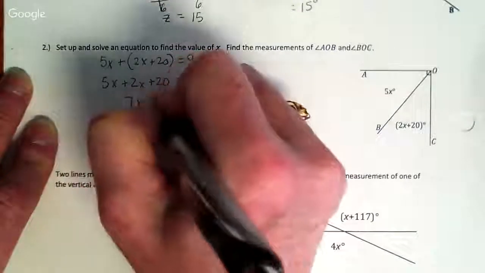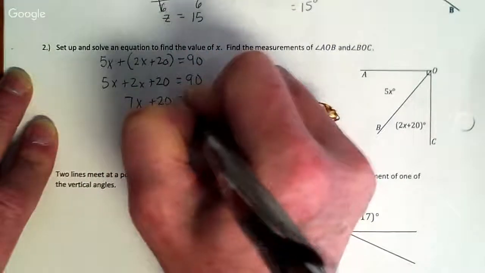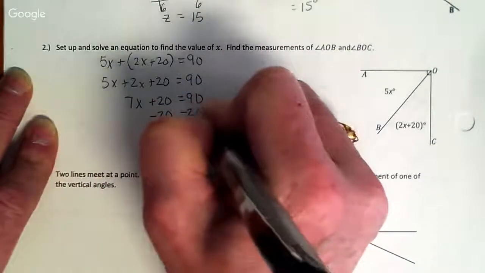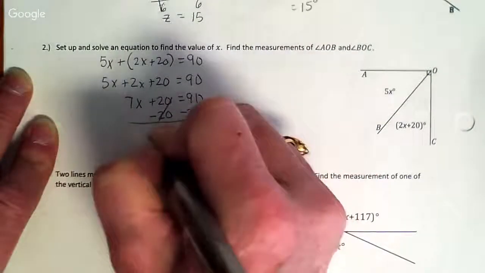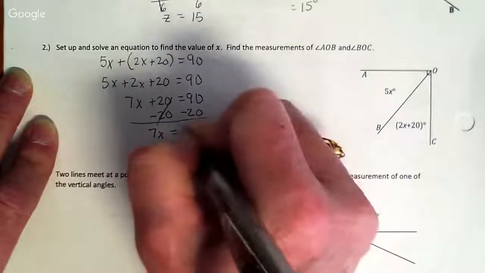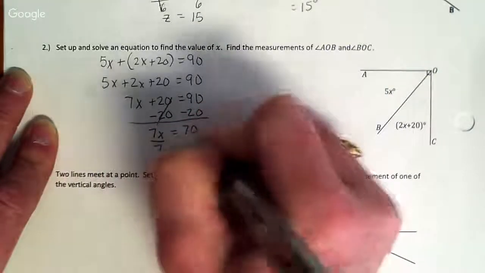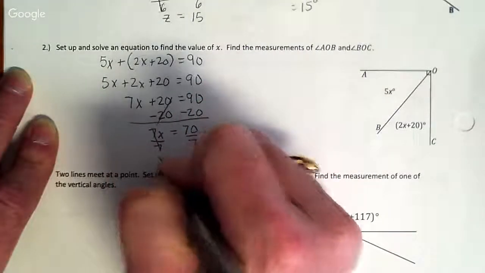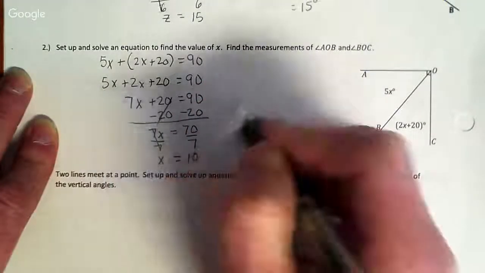So we have 7x plus 20 equals 90. So subtract 20 from both sides. So we have 7x equals 70. Divide both sides by 7. We have x equals 10.